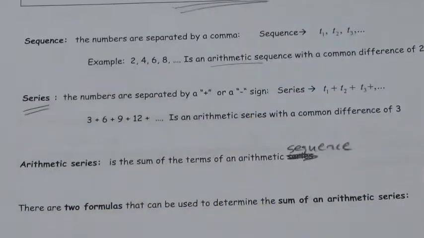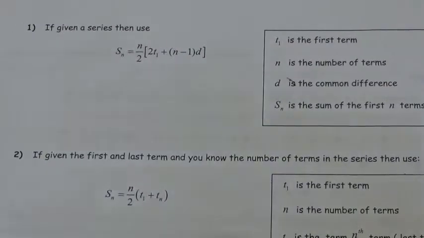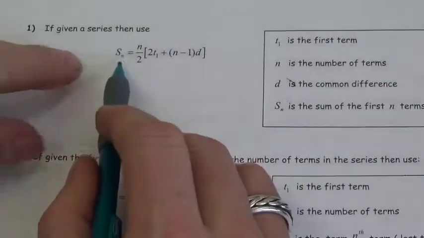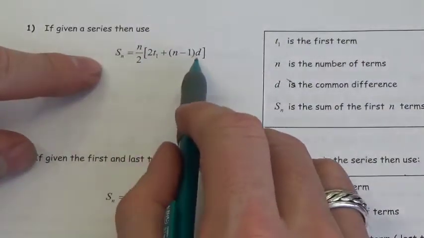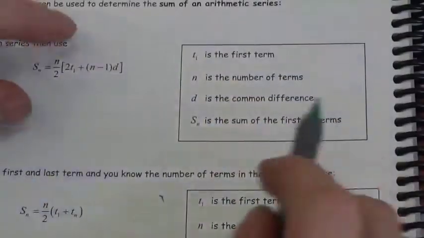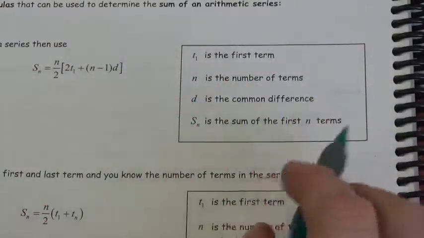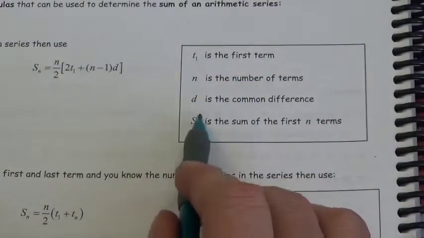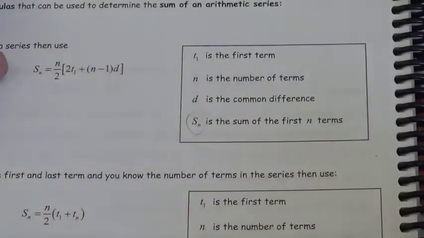And there's a second formula that we could use for finding the sum of the n terms in a sequence. And actually, when we go back to our workbook here, you're going to see that these are the two equations that you're given. So the sum of the first n terms is n divided by 2 multiplied by 2t1 plus n minus 1 d. And we identify the variables. T1 is the first term, n is the number of terms, d is the common difference, and then S sub n, this is all one symbol really, is the sum of the first n terms.